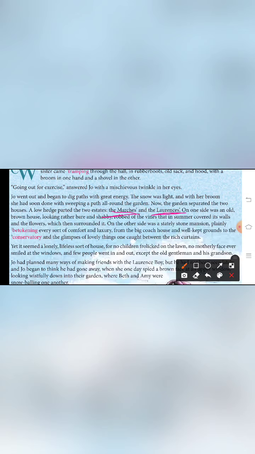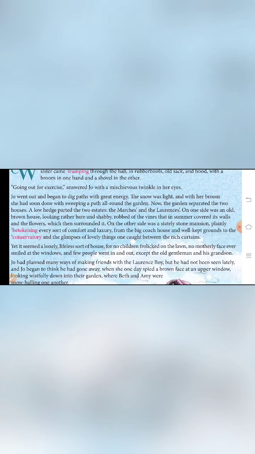One house was not in very good condition, that was shabby, robbed of vines and all that, and the second one was a richly decorated, adorned mansion, a big house, and that was betokening. This word betokening means what? Betokening means being an indication or the sign of something, right? So that is betokening every sort of comfort and luxury.